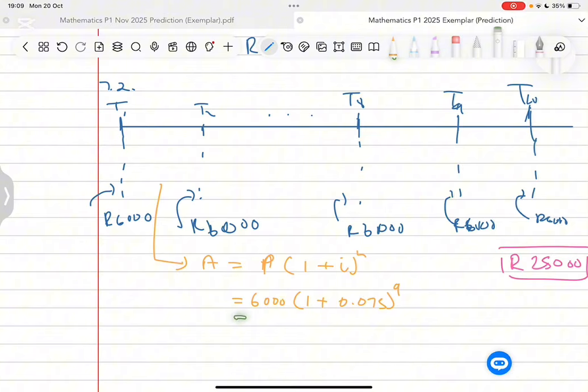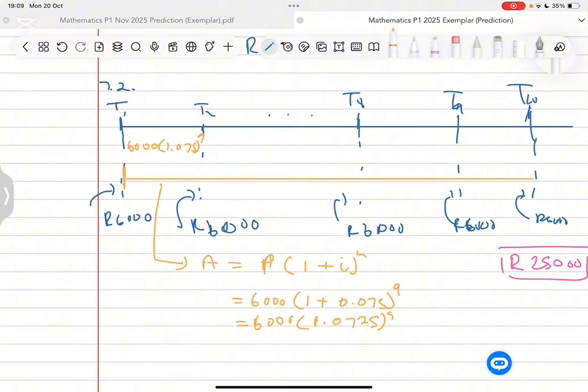And I just want to simplify this and leave it at this point, where I add these two and say I have 6,000 times 1.075 to the power 9. This is the money that has stayed for 9 years in this account.